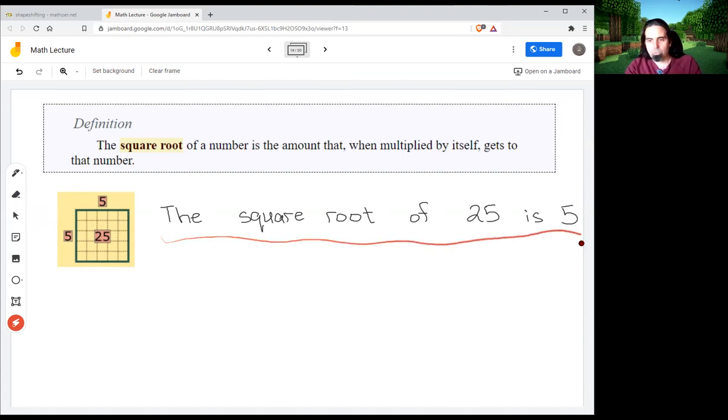Since this is a lot of writing, then you will often see a shortcut that says the square root of 25 is 5. But don't let the symbol confuse you. All it's saying is draw a picture with 25 tiles and each edge would be 5.